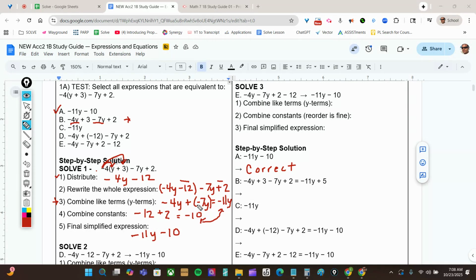So that's going to be keep change change, and that's going to give us a negative 11y. Same as down here, combining the like terms, but then when we do the constants right here, we got a 3 plus a 2. That's going to give us a positive 5. Okay, so I already got it here, so that's incorrect.